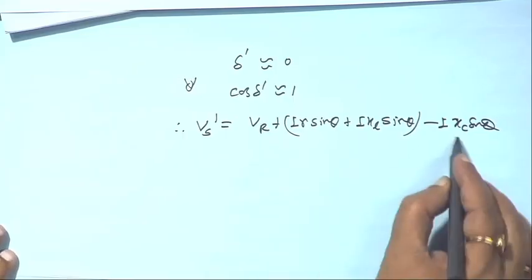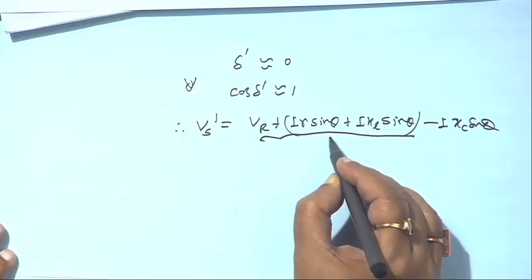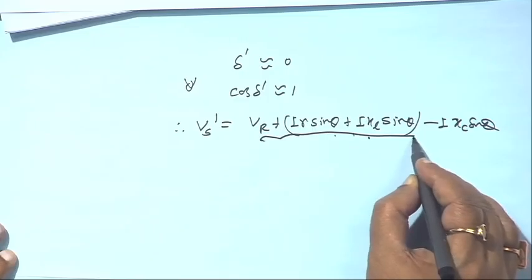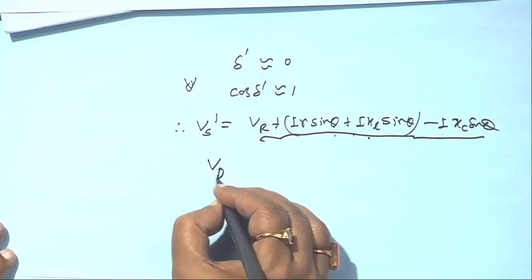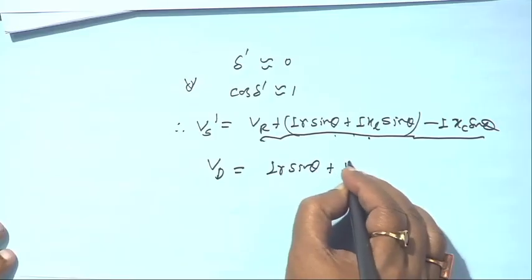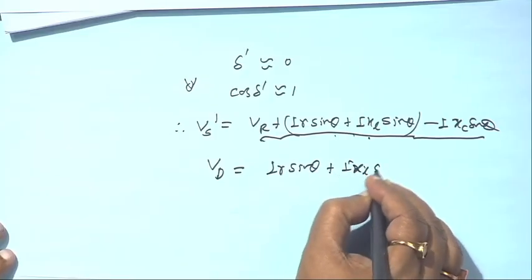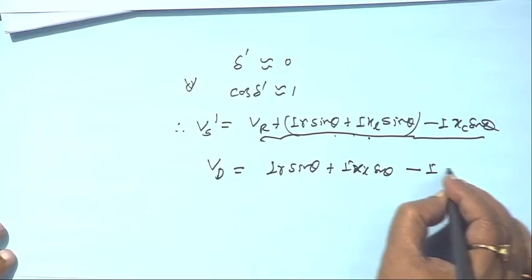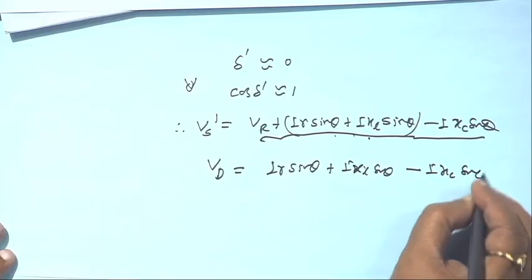That means earlier, without series capacitor, this was the approximate voltage drop. Now the total voltage drop is equal to I r sin theta plus I X L sin theta minus I X C sin theta.